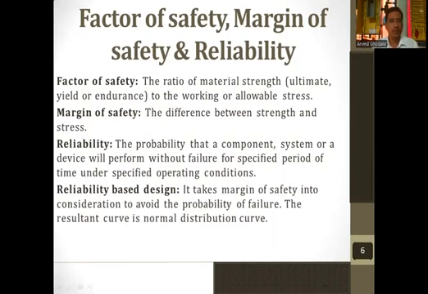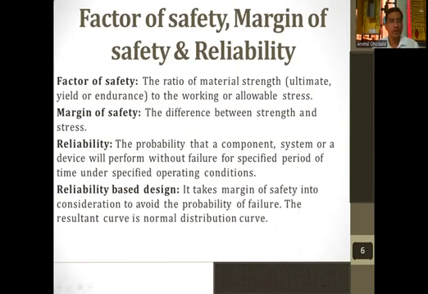The next one is reliability. It is the probability that a component, system, or device will perform without failure for a specified period of time under the specified operating conditions. That is called reliability. It means that if we design a product, and that product is put into working condition, for how much time it will work satisfactorily without failure under the given operating conditions, that probability is called reliability.